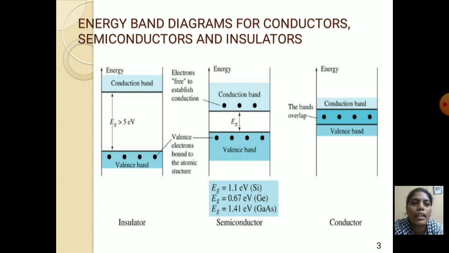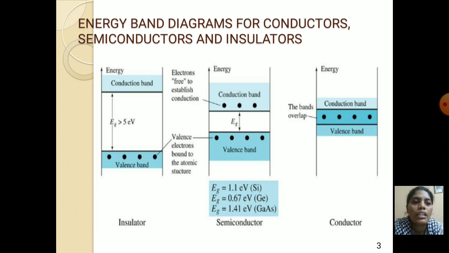In valence band, there are valence electrons which are bound to the nucleus, and in conduction band we have free electrons which can freely move.